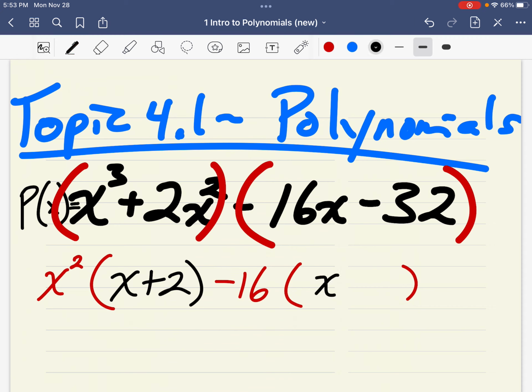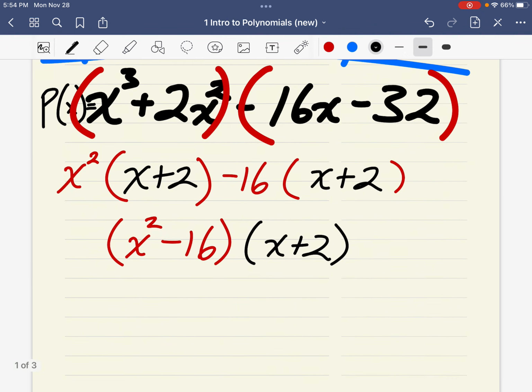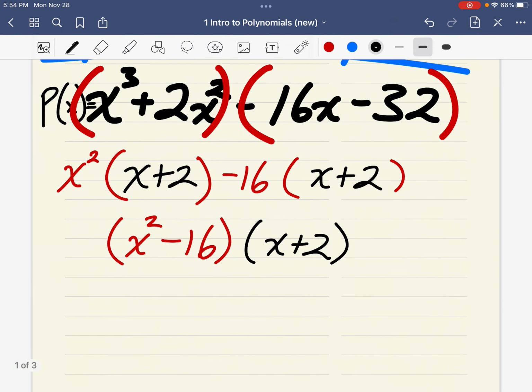You would be left with, in this case, x plus 2. So it looks like we can factor polynomials, again, like in this problem, with a grouping method. And when you continue to factor this, that is the x squared minus 16, you realize that it can further break down as a difference of squares into x plus 4 and x minus 4.